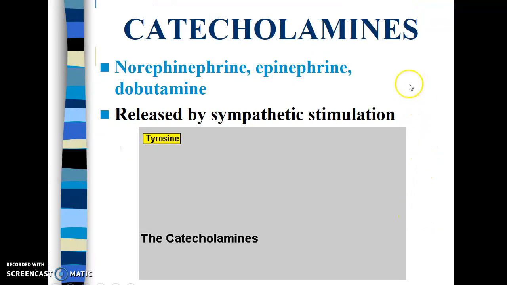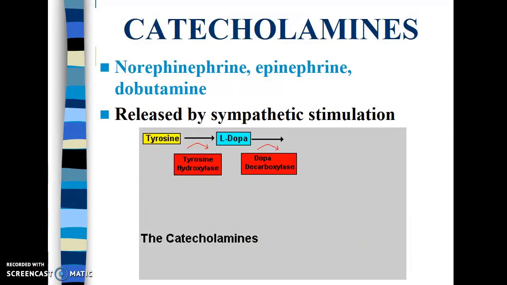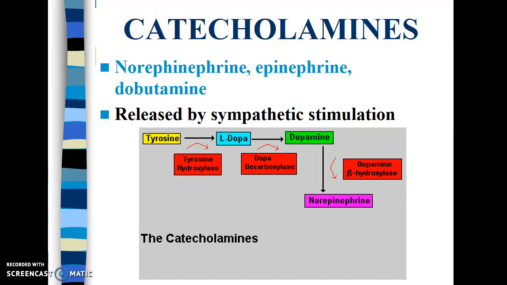So these are the natural catecholamines, positive inotropes that we have in our bodies: norepinephrine, epinephrine, and dobutamine. And I've got this little animation. You do not have to memorize it, but it is kind of interesting. It's showing how these are derived in our bodies. So norepinephrine and then epinephrine.